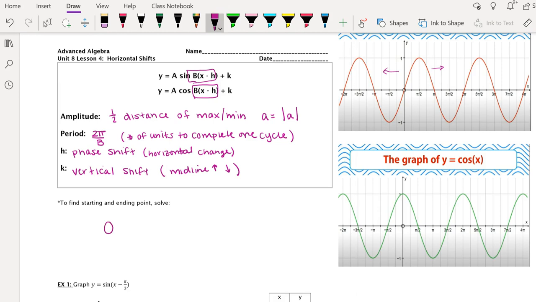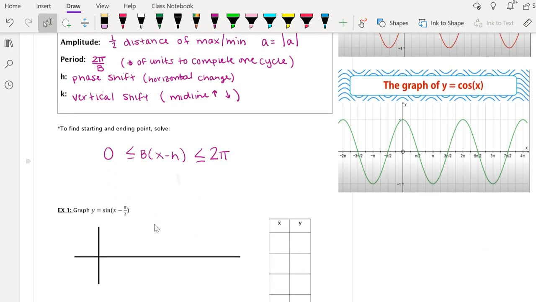Traditionally we go from 0 to 2 pi, and the function is between 0 and 2 pi. So we're going to take this b x minus h and put it in between 0 and 2 pi. Whatever's inside the function, we're going to put it between 0 and 2 pi, and that's going to tell us our new starting and ending points.